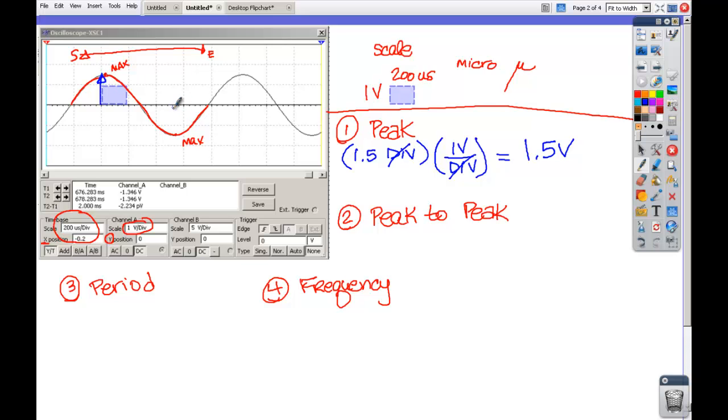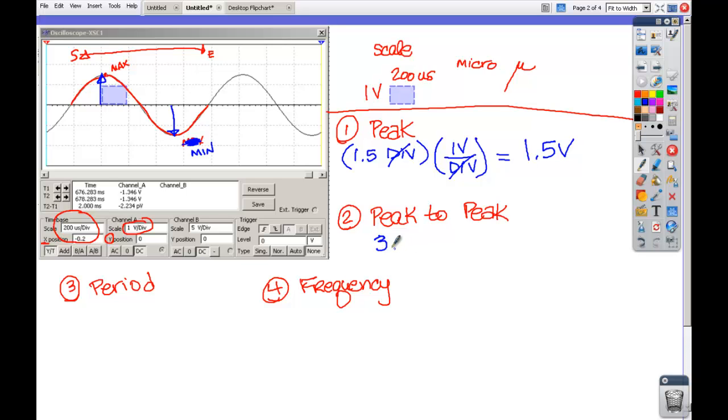Oh, I notice I wrote this wrong. That's the benefit of doing these videos. Sometimes nobody corrects you. I guess that's not a benefit. It's also 1.5 boxes all the way to the min. So from max to min would be this 1.5 plus this 1.5.